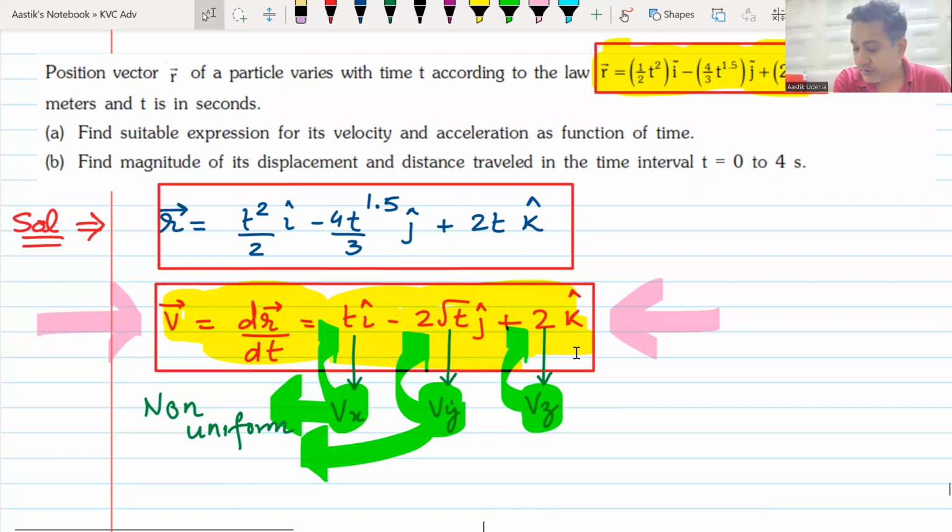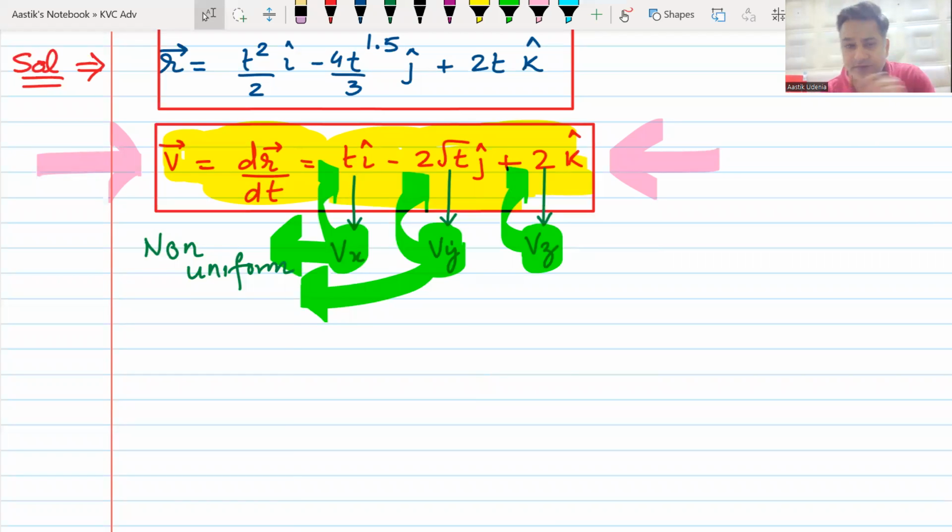Now, from this discussion, we can also understand along which axis we will have acceleration. Look at the velocity. Do not differentiate it now. Looking at the velocity, tell me along which axis the particle is accelerated. Is it accelerated along x? Along y?